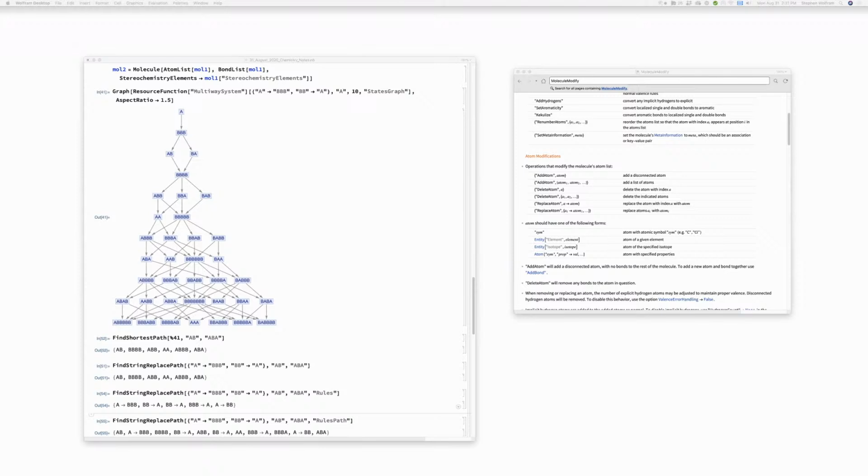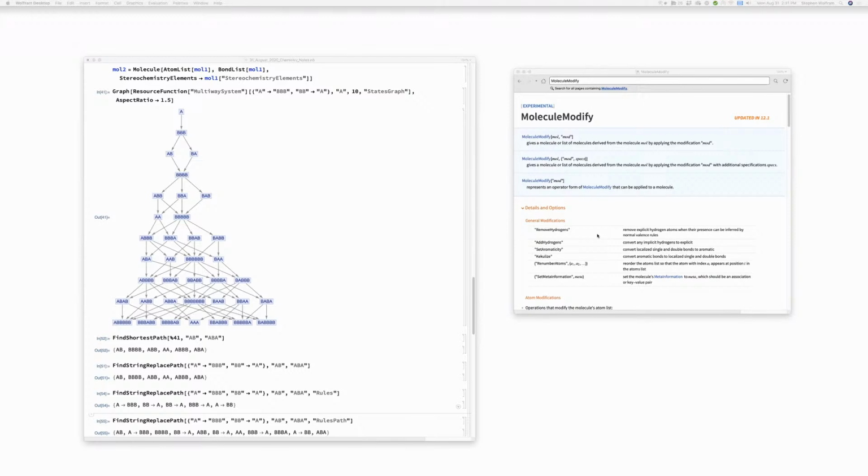Okay, fair enough. Anyway, this is all irrelevant, but I just wanted to make this point because it would be nice to have some sort of uniformity to our way of doing string replacements, molecule modifications, graph replacements, et cetera. And I realized that this replace path mechanism, logic programming, is sort of a story of find replace path.